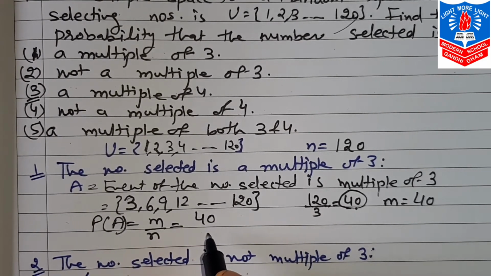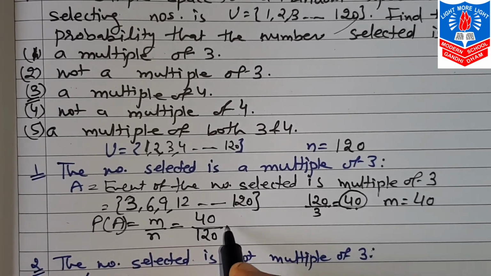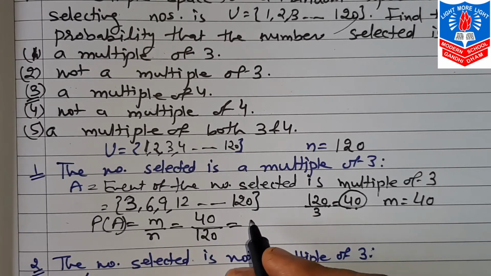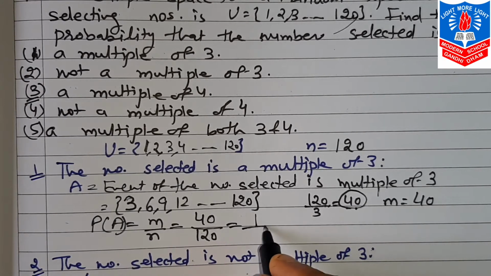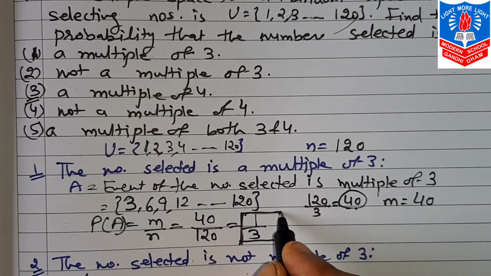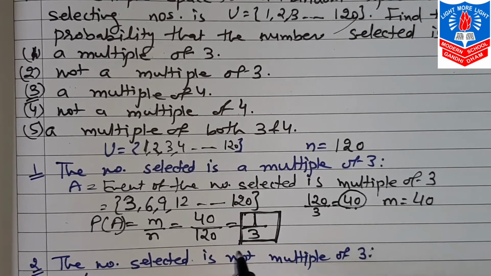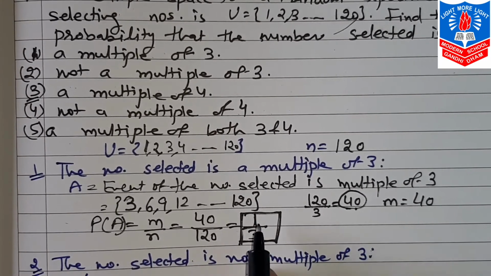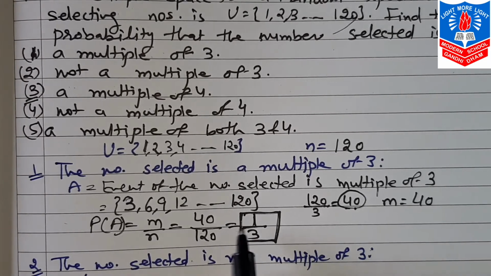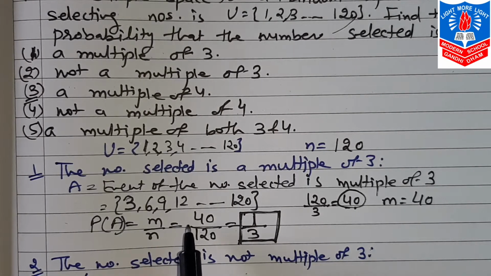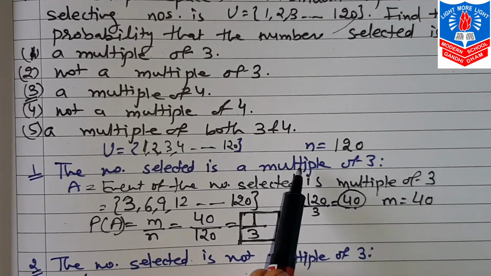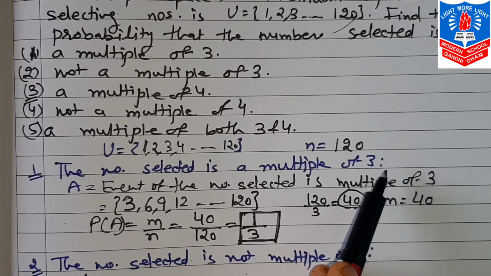Here this will be 40 by 120. Again, don't write this answer as 40 by 120, you will get half a mark less. We have to write the simplest form, which is 1 by 3, and as I told you, put whatever answer you get in a box or underline it. So this is 1 by 3, the probability that the number selected is a multiple of 3.